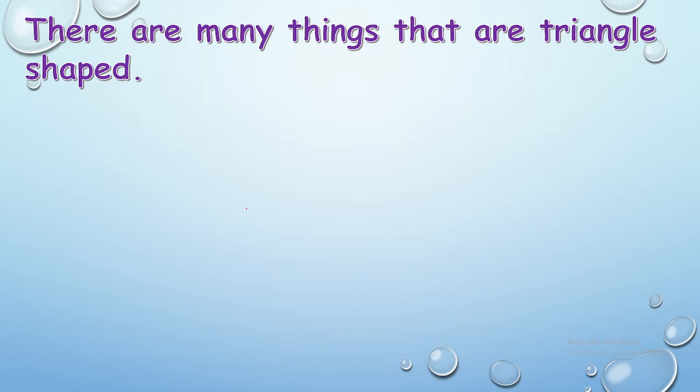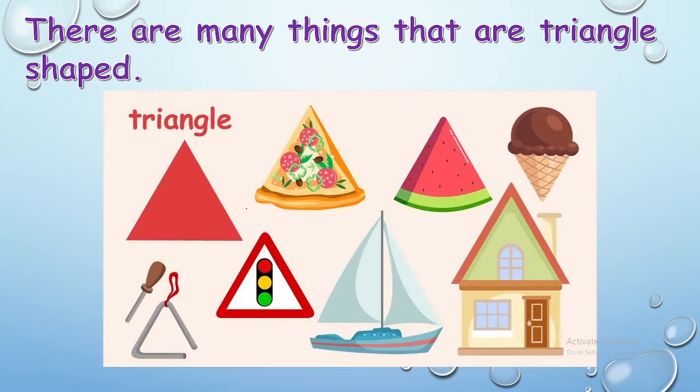Cheese. Pyramid. The calendar, if you fold it, looks like a triangle. The one that can stand on the table. Yes. If you slice a watermelon, correct. A cone, like for the ice cream. The sailboat. The roof, and many more.